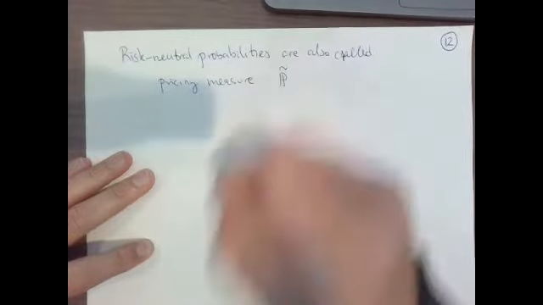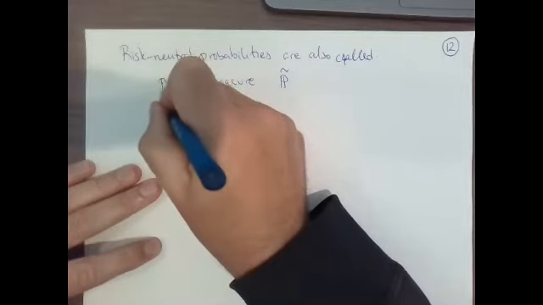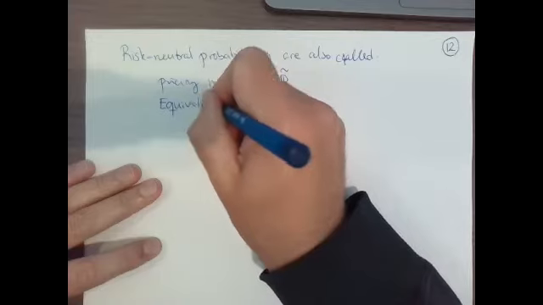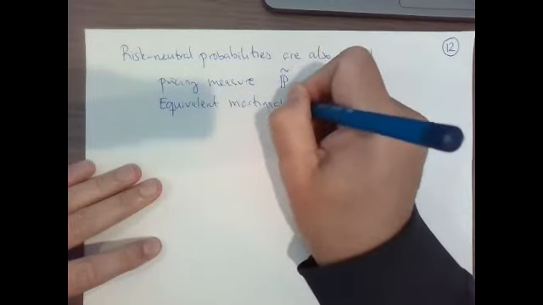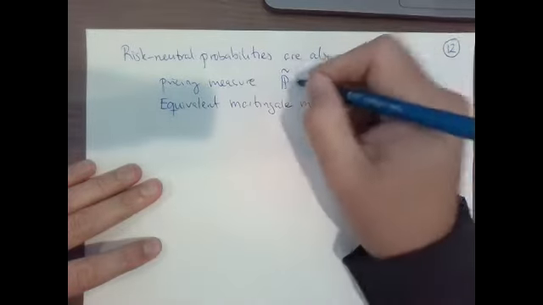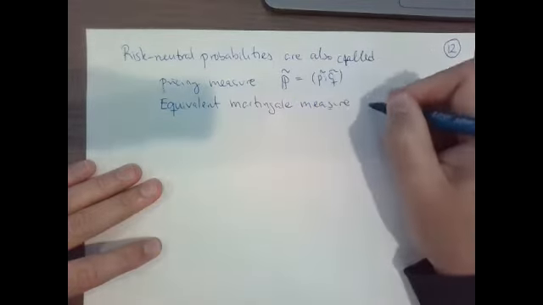It's denoted by P tilde. It's also called the equivalent martingale measure. And it's this P tilde and Q tilde.